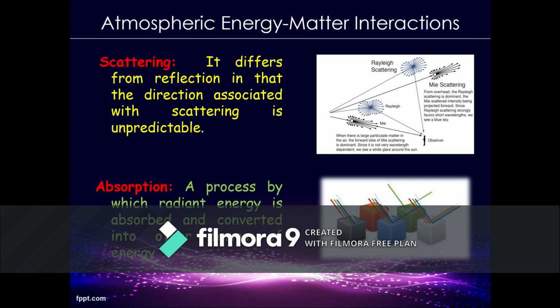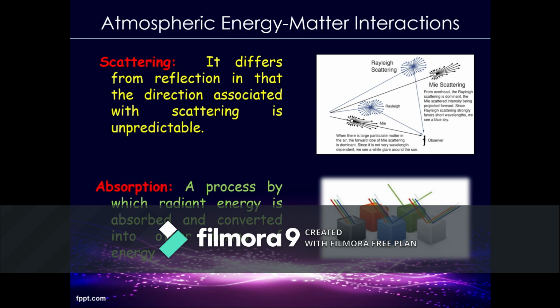Mie scattering, referred to as non-molecular or aerosol scattering, takes place in the lowest 4.5 km of the atmosphere where there may be many essentially spherical particles present with diameters approximately equal to the size of the wavelength of the incident energy.